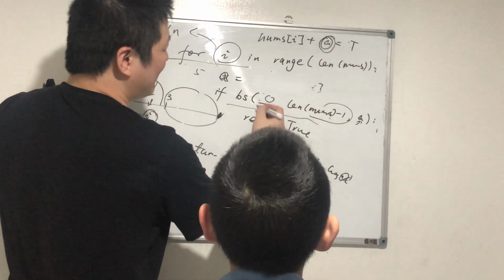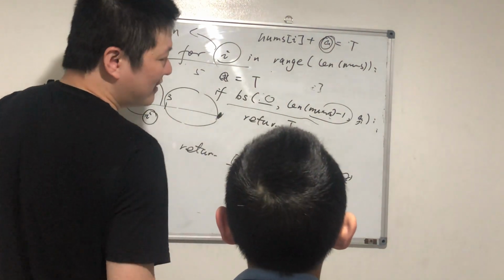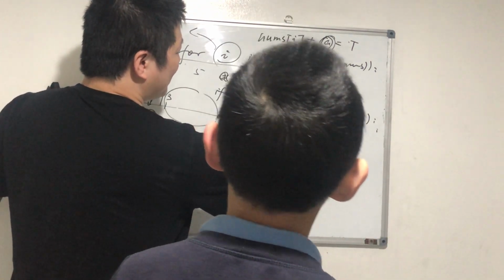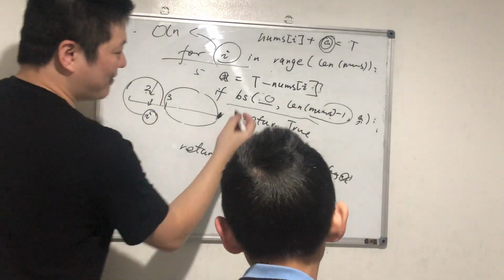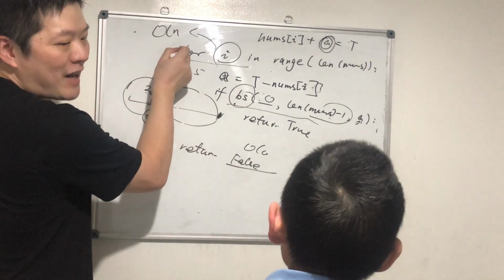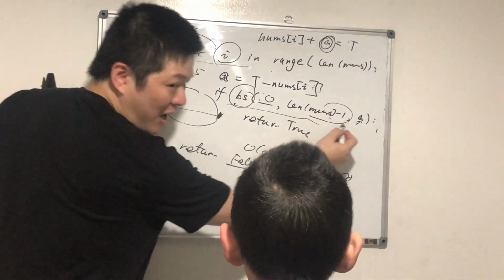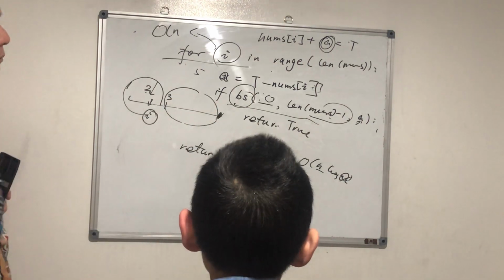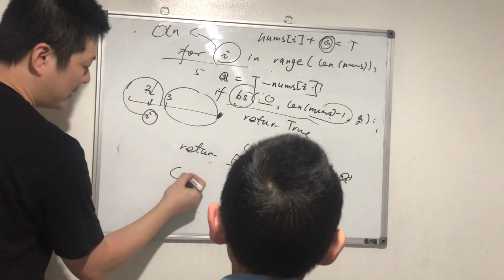The target minus nums[i]. Come on, this is super easy, right? And then we search for it, remember this binary search function? It's O(log n), and this is n times, log n times. So the complexity is what? O(n log n). What's the space complexity? O(1). Well done.